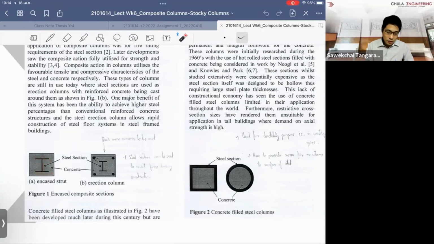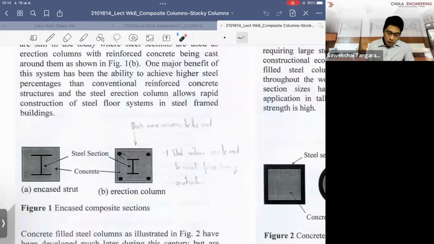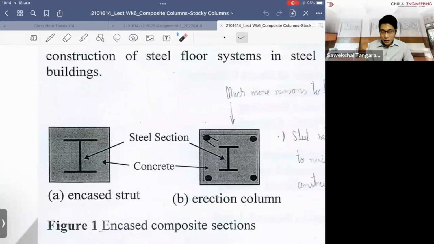But if we talk about the H columns, in Australia or in European countries, they call it a universal column. But the idea is the same. The difference from the I section is that we have a thicker flange and a thicker web, right?